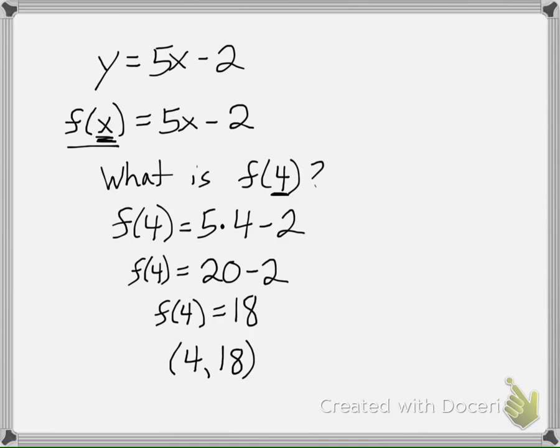The advantage to function notation is that it tells us our x and our y value at the same time. It tells us the x value is this, the y value is this. So essentially it's giving us an ordered pair. So if you look at example 1 in your notes, we have f of x equals 3x plus 4, and the instructions say find the value for f of negative 2.